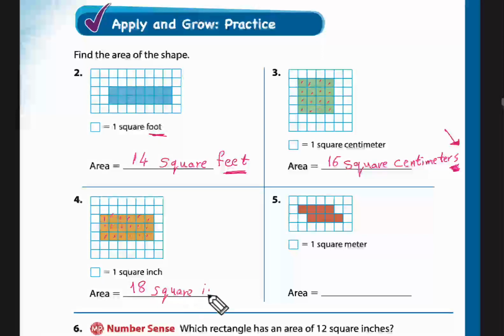Because inches end in CH, so I cannot write S. Write ES. Excellent, my hero. As you know, in English, when you have CH at the end, you cannot write S. You should write ES. And because this is more than 1 square inch, I should write square inches, 18 square inches. So we add ES.